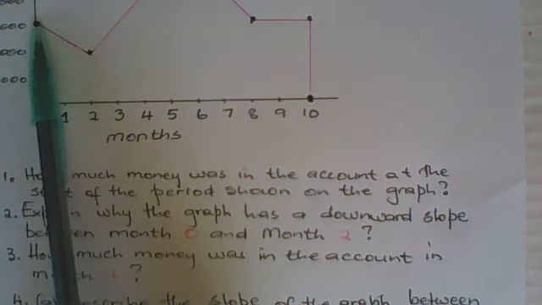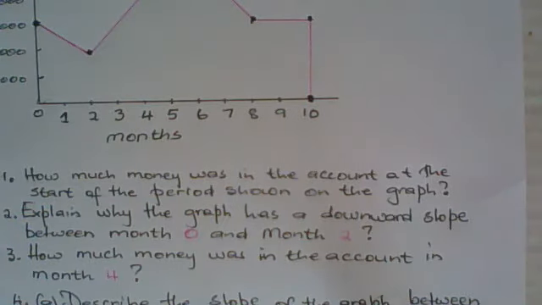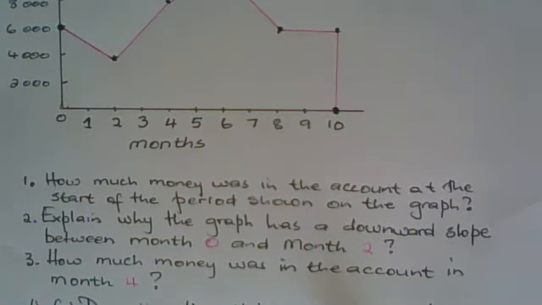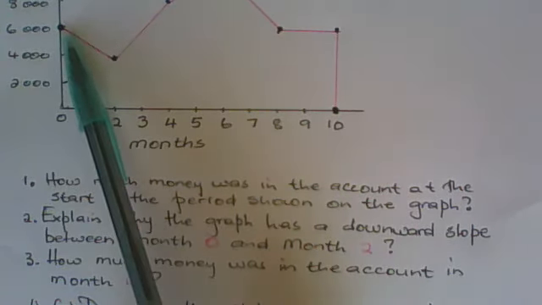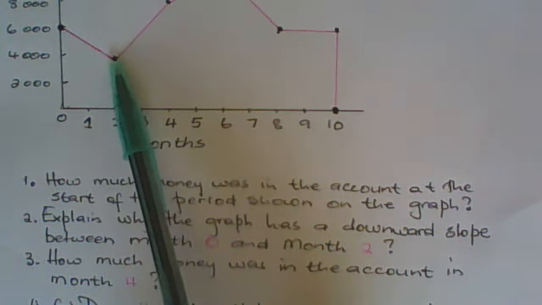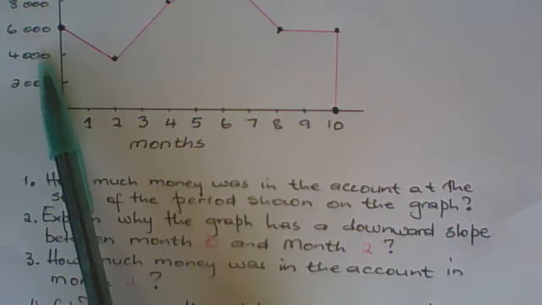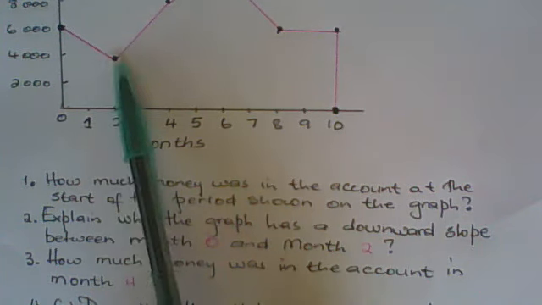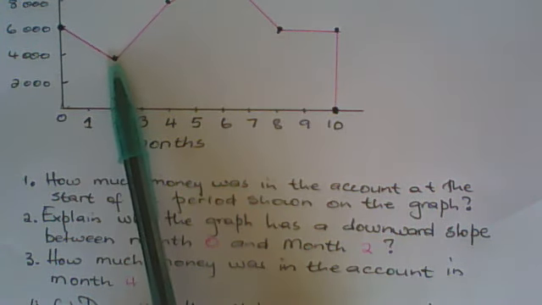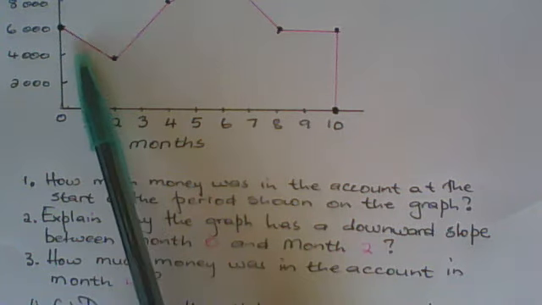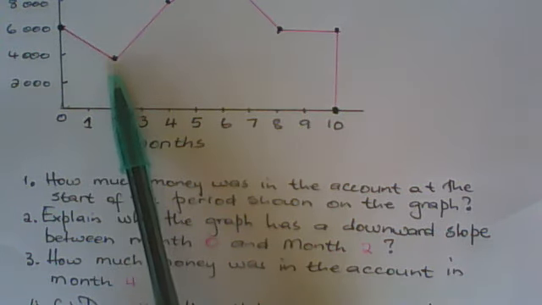Because at the start, it was 6,000. And then, what happened to it? It was 6,000. Then it went like this. What is the value? It's 4,000. It was 6,000, then it fell to 4,000. That means something happened here.